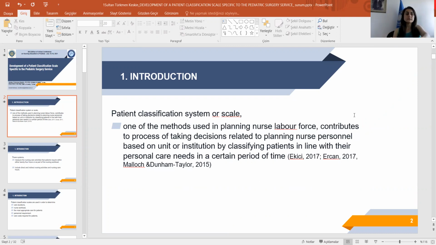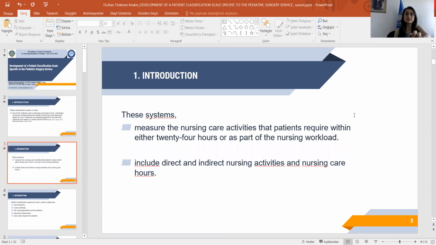These systems measure the nursing care activities that patients require within 24 hours as part of the nursing workload. They include direct and indirect nursing activities and nursing care hours.